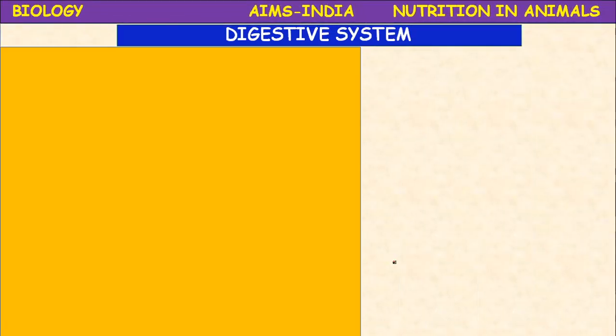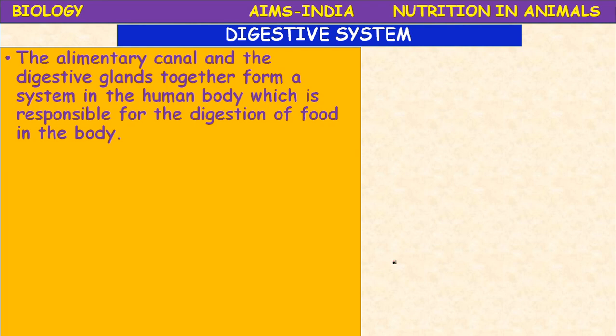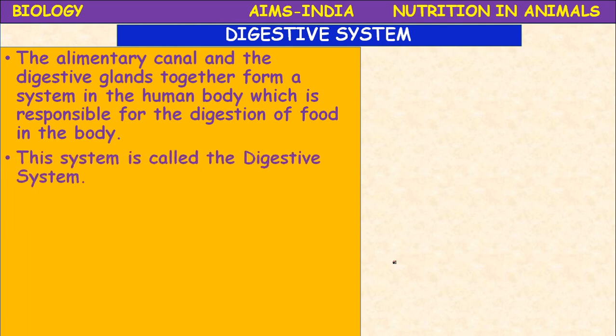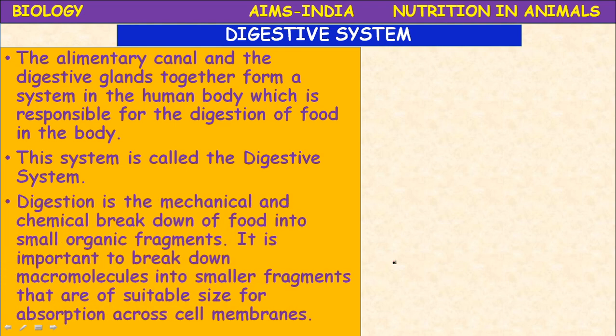The digestive system. The alimentary canal and the digestive glands together form a system in the human body which is responsible for digestion of food. It is called the digestive system. Digestion is not so simple.